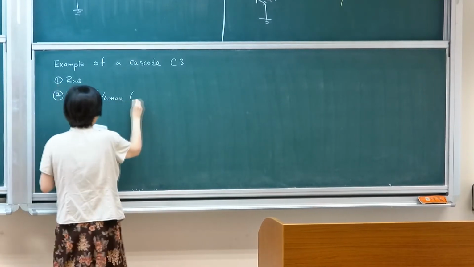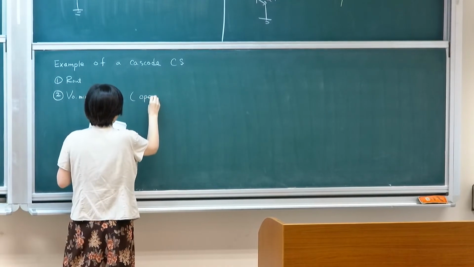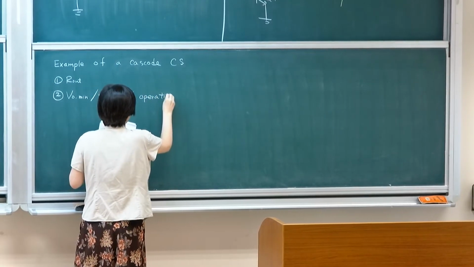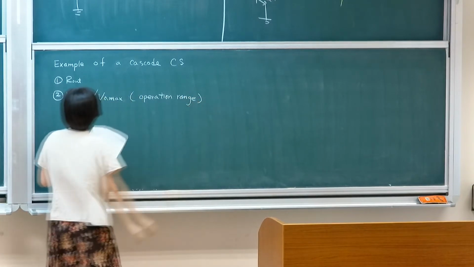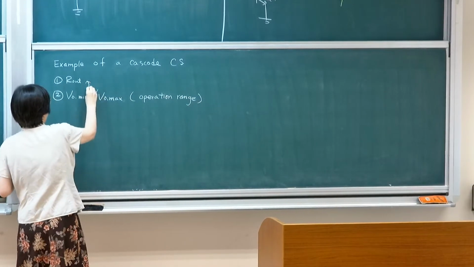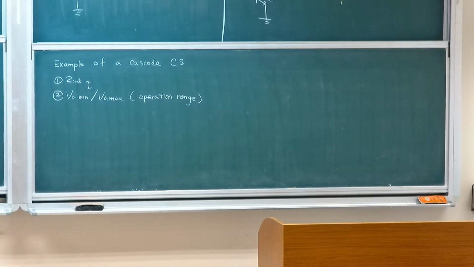So it's basically its operation range. So these are typically trade-offs, because when you are doing a cascode structure, you probably limit your operation range at the high output resistance range.